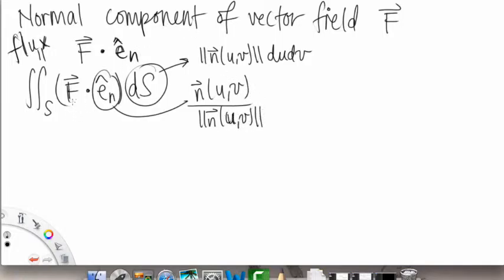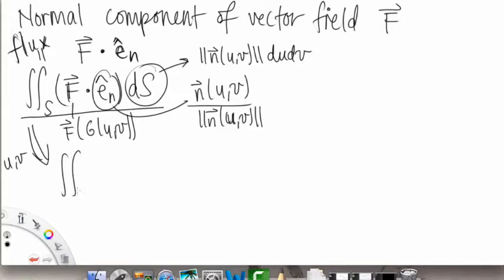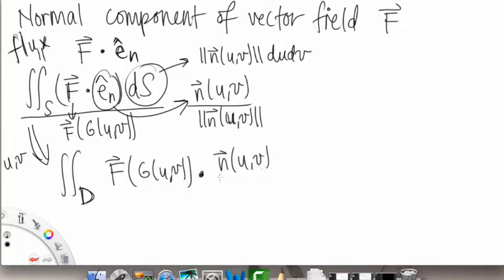Then F is going to be of the parameterization still, so this will be F of g of u v. We write this expression in terms of u and v, so we're entering the parameter domain of u and v, and we just replace everything with what I've drawn arrows to. So F is vector field F of g of u and v, still dotted with n, the normal vector divided by its magnitude.